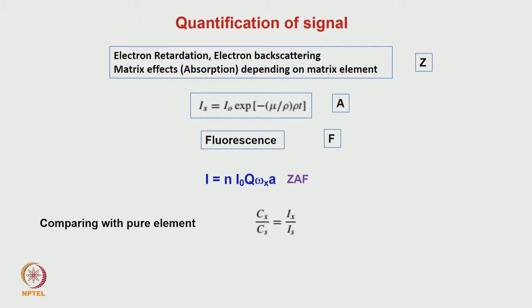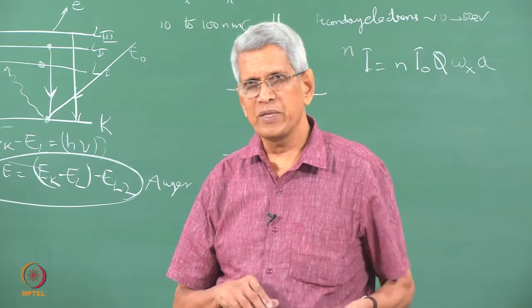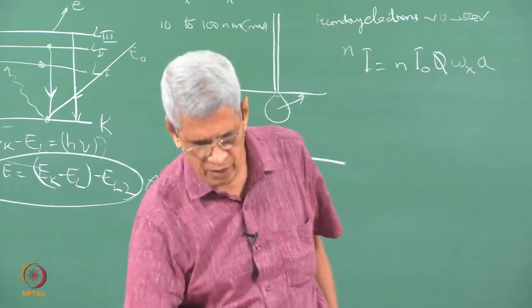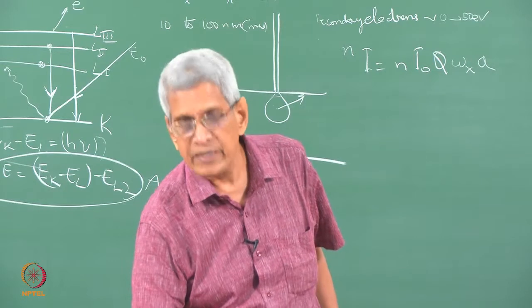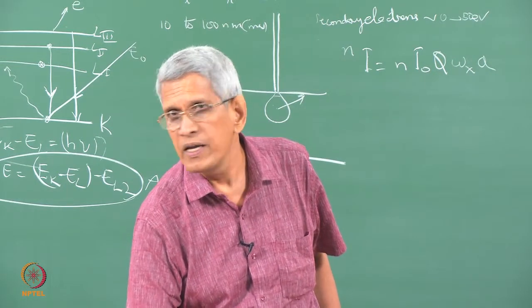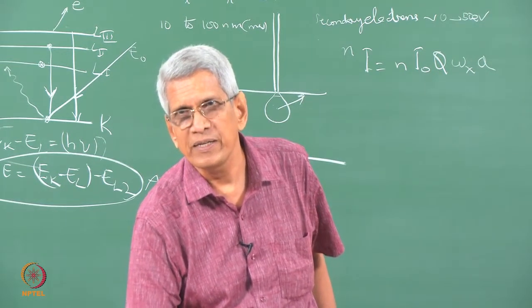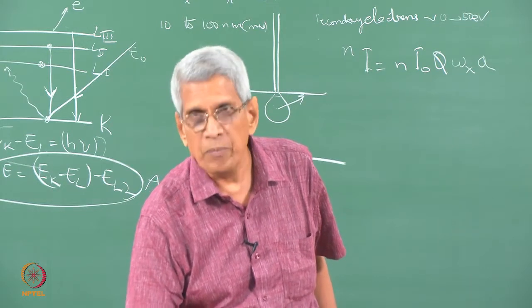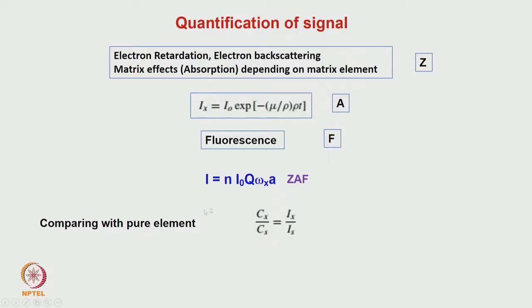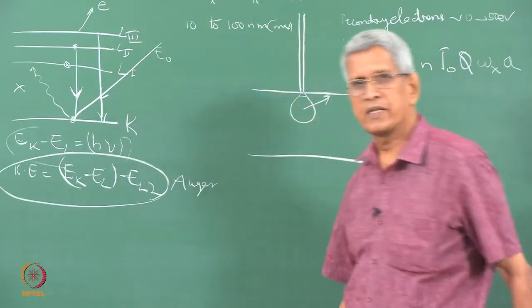But to get quantitatively what that signal is going to be, theoretically we should know Q, omega x and A, all these factors. It is not very easy to get this information. We can determine some of it experimentally, which we will discuss shortly. One way in which we can get this information is, suppose some concentration of the element is present in this region.